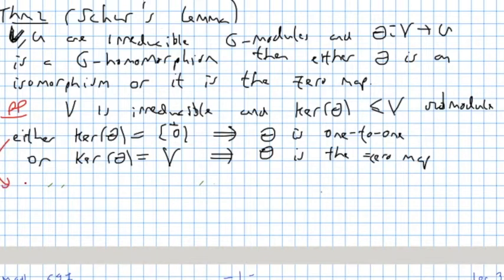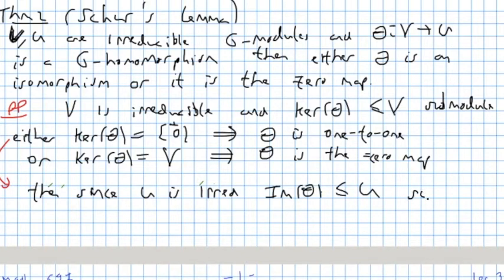If I'm in the first situation where the kernel is 0, so then theta is 1 to 1, well, then since U is irreducible, and the image is a submodule of U, well, then the image is also trivial, but it cannot be 0 because the kernel is not the whole of V. So then the image of theta equals U, which means that theta is also onto.